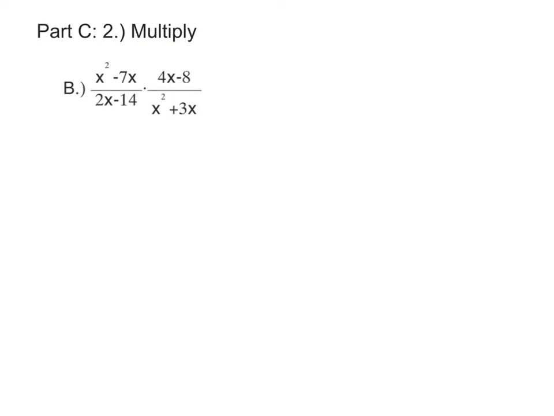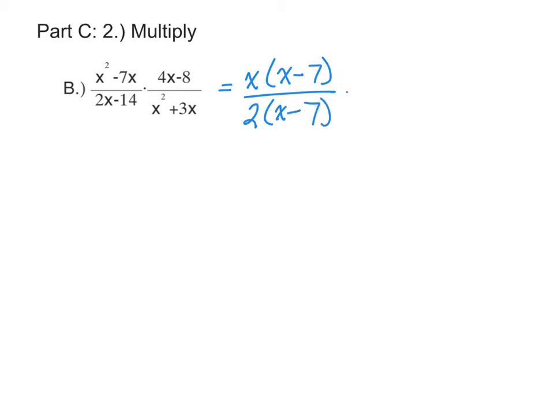When the numerator and denominators turn into polynomials, it's going to be real important that we factor those polynomials first. So for x squared minus 7x, we're going to want to factor out an x and rewrite it as x times x minus 7. In the denominator, 2x minus 14, we can factor out a 2, again leaving us with x minus 7.